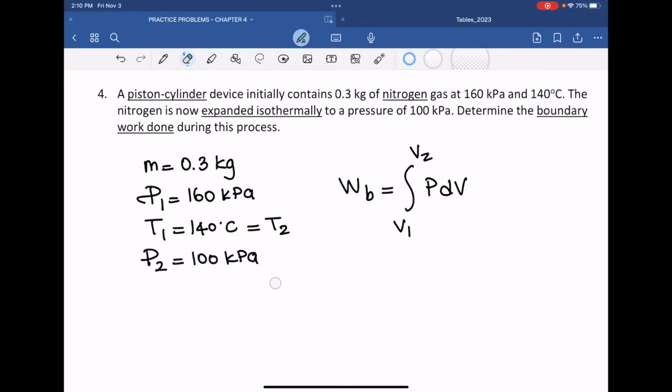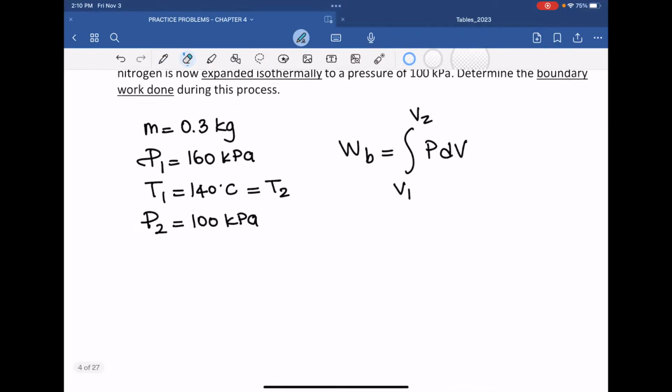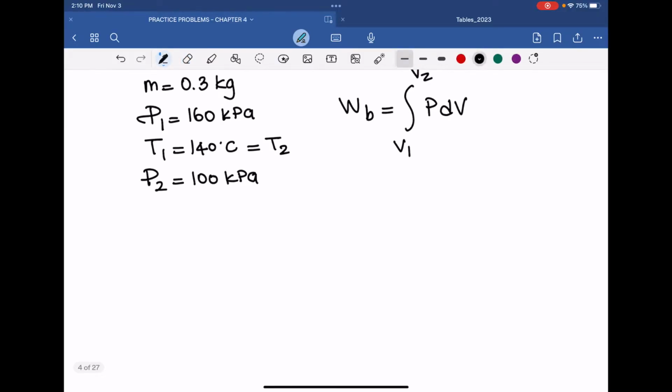Let's work with the ideal gas equation now. I'm sorry, I need to write very clearly so you guys can understand better. This ideal gas law applies to the first and the second state.